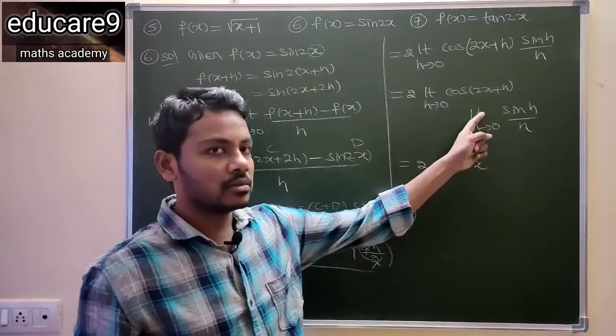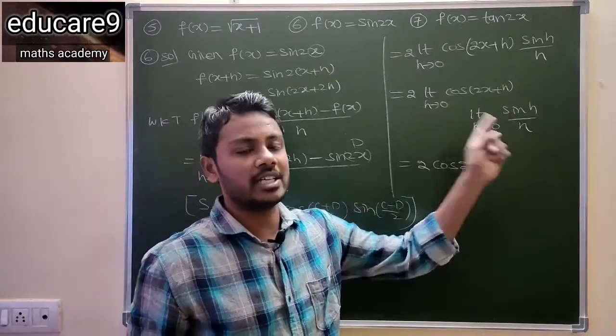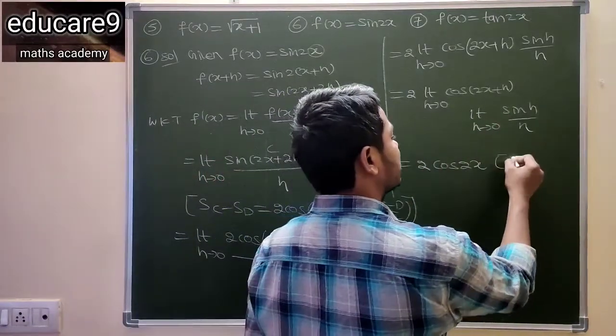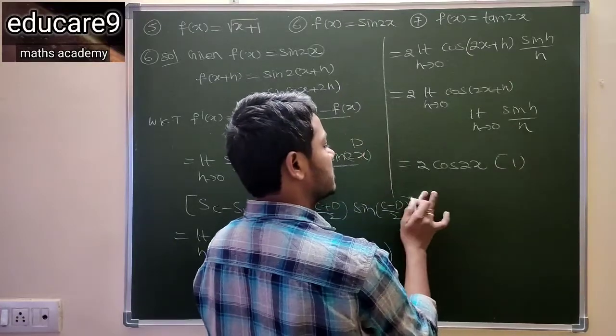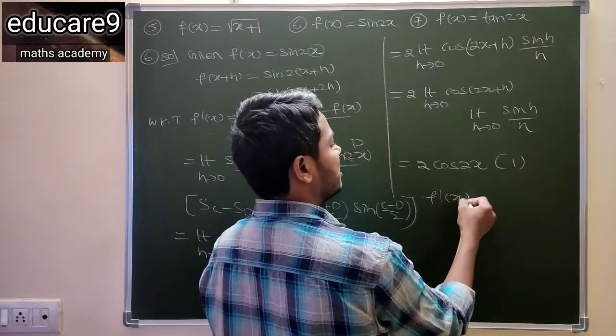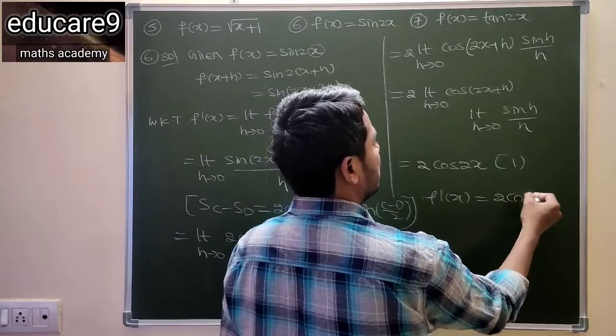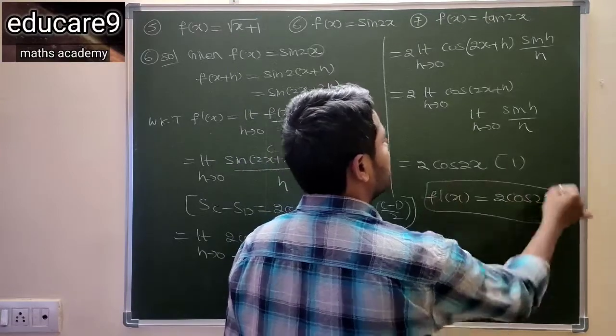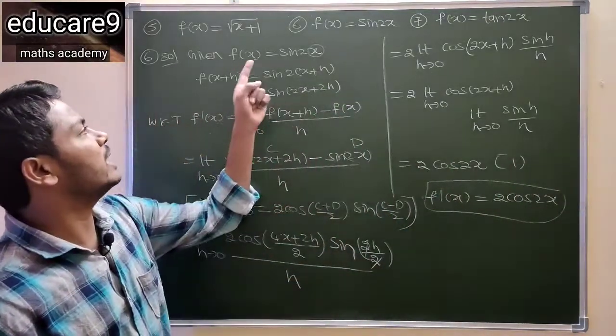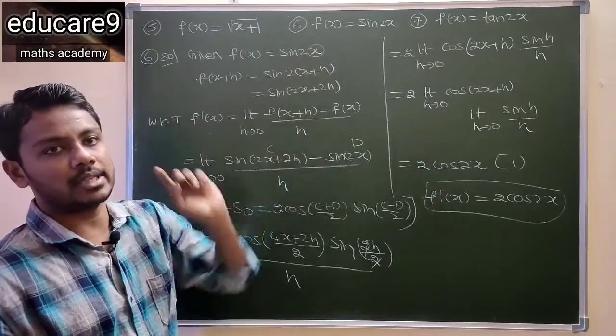You know that limit x tends to 0 sin x by x value is 1. So clear this value also. Therefore f dash of x is equal to 2 cos 2x. So this is the derivative of the function sin 2x.